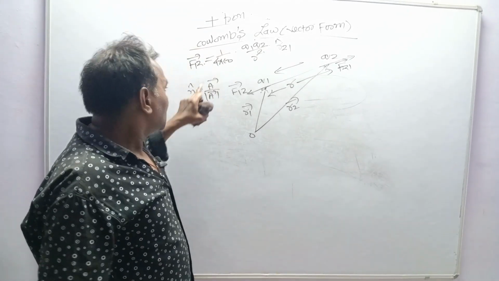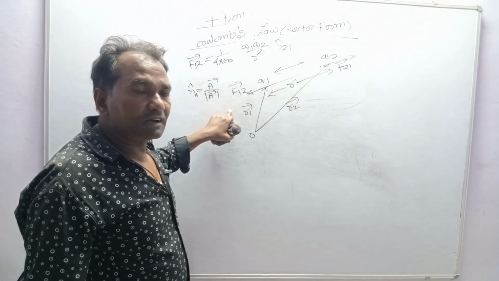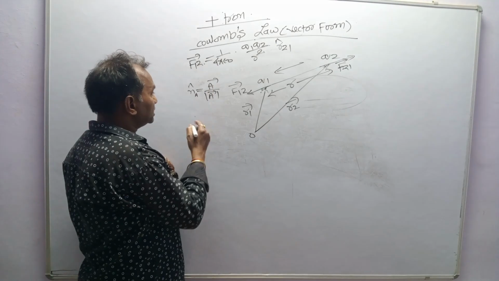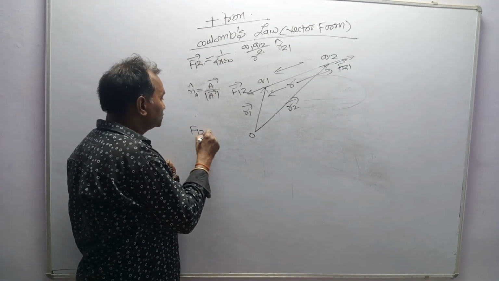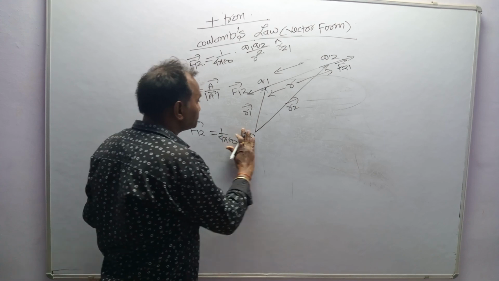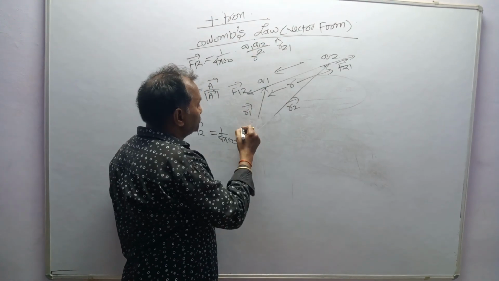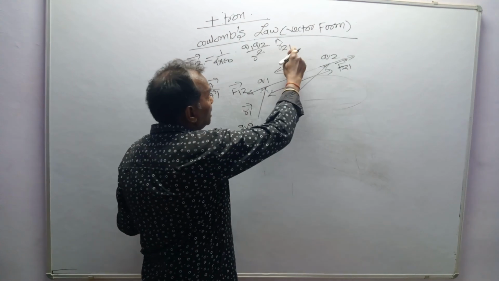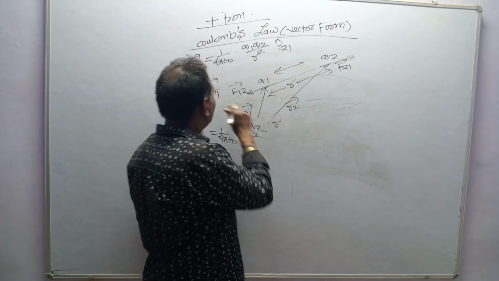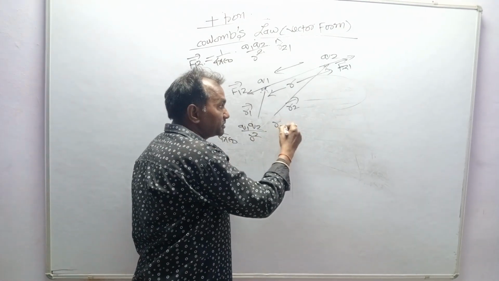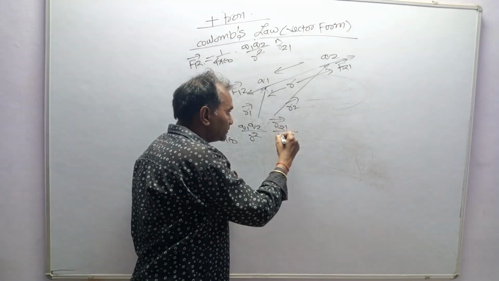Vector A divided by its magnitude represents the direction of vector A only. Now you can say F12 is equal to 1 upon 4 pi epsilon naught Q1 Q2 upon r square, and r21 cap you can write as vector A upon mod of vector A. So r21 cap will be vector r21 upon mod of r21.